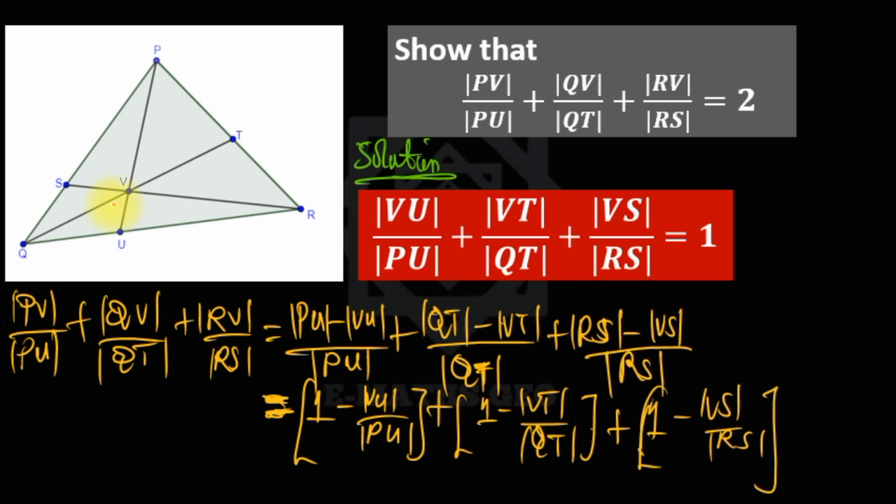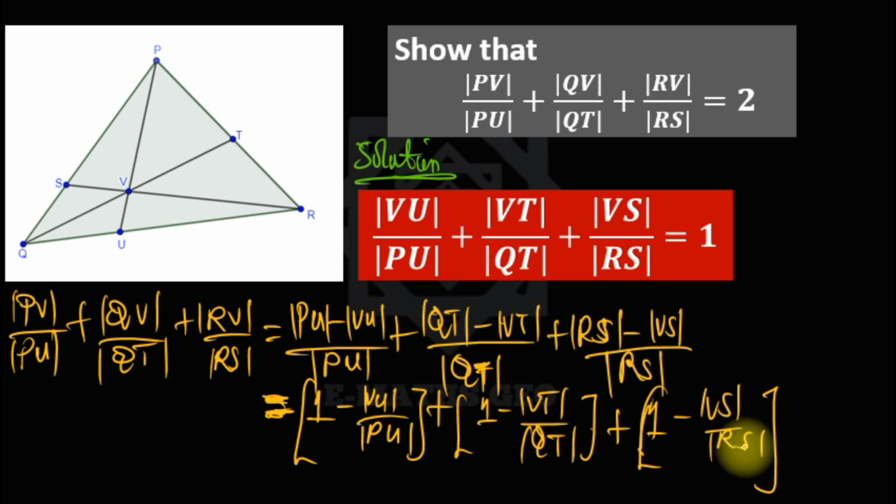So what do you observe? We can factor the minus, we have minus VU over PU minus VT over QT minus VS over RS.